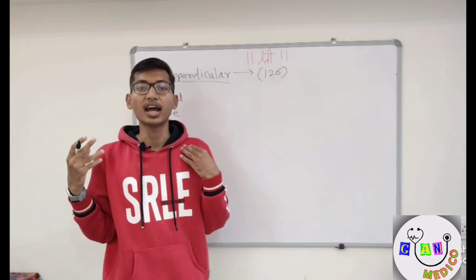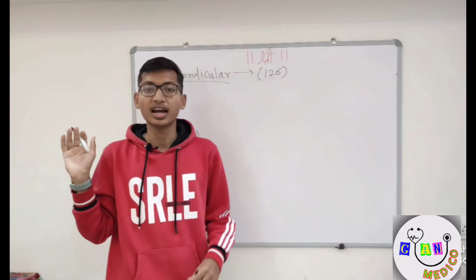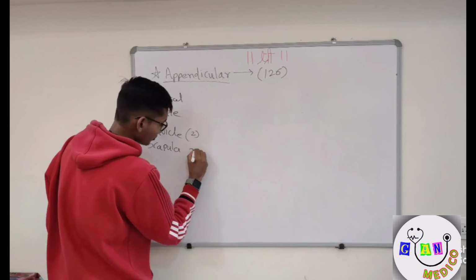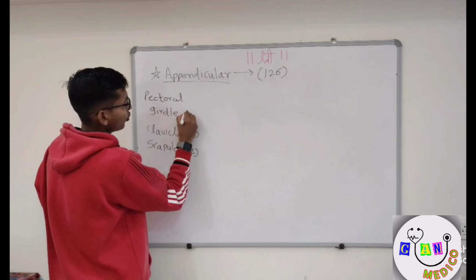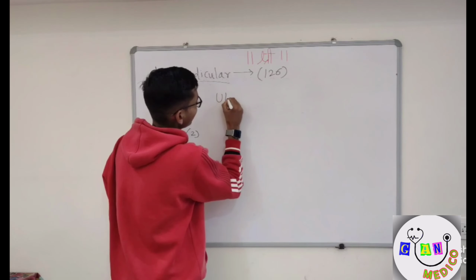Clavicle, 2 bones, left and right, and scapula, left and right. Total 4 bones.